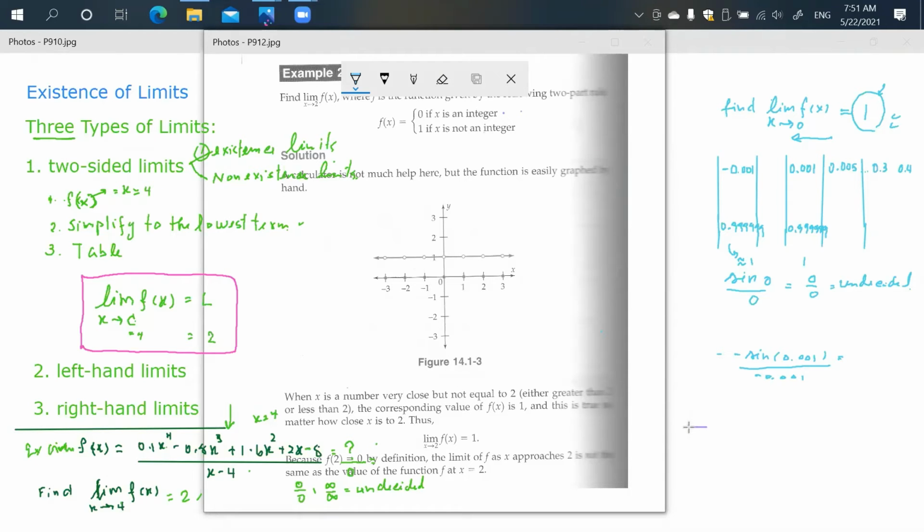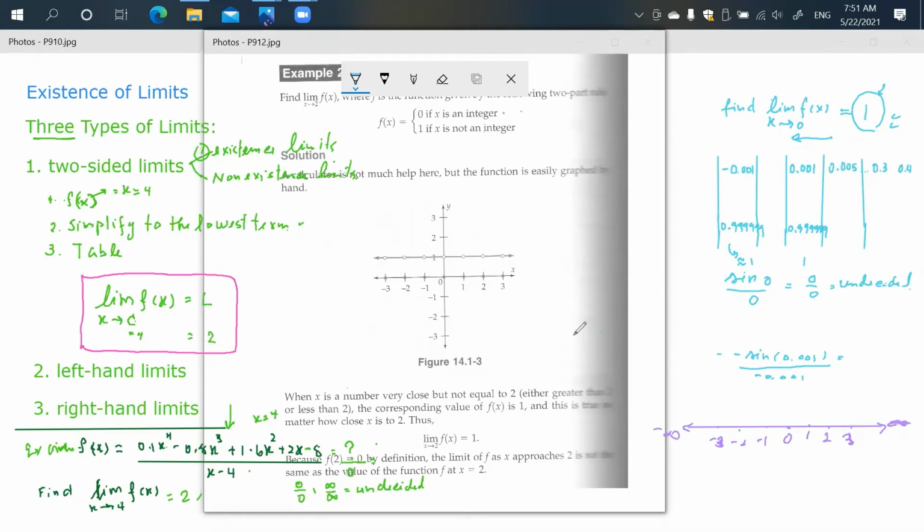Maybe I draw it here. So integers have 3 kinds: 0, positive integers 1, 2, 3, right? And so on to positive infinity. And left hand side is negative integers like negative 1, negative 2, negative 3, like this, to the negative infinity.